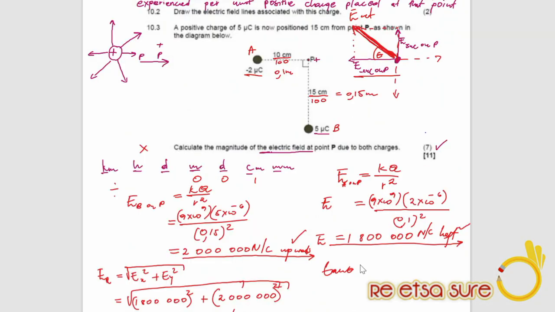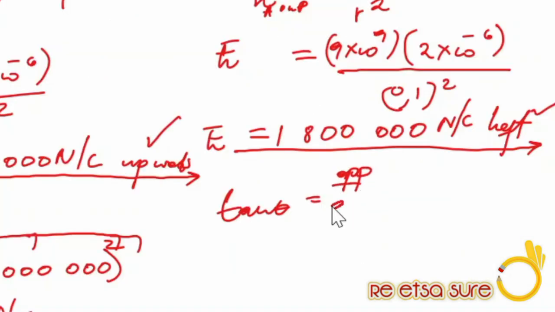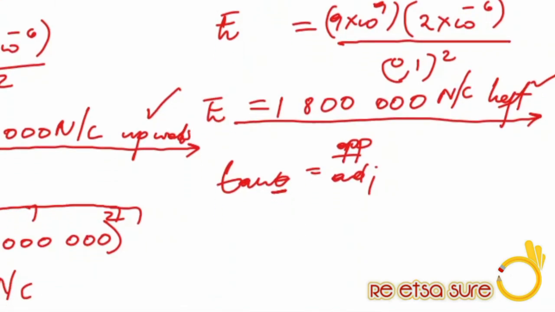Tan theta is equal to opposite over adjacent, because for now we are looking for an angle. Let me make theta the subject of the formula, and then we have the second function of tan. What is our opposite side?